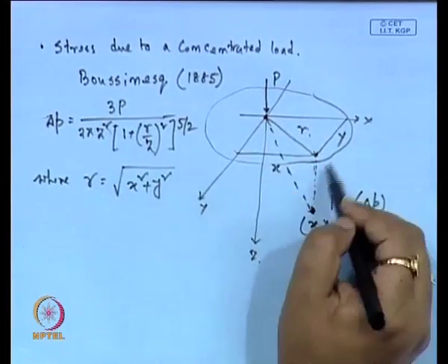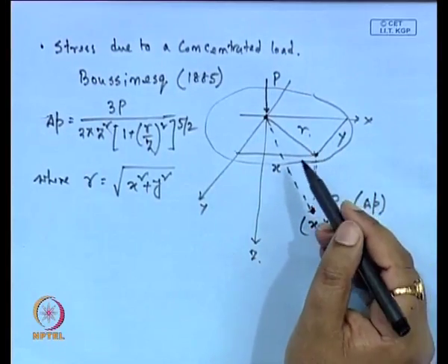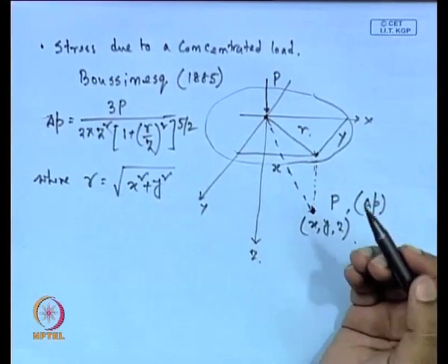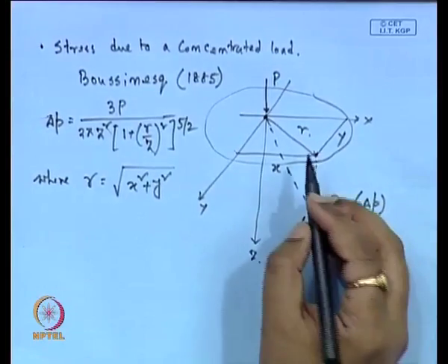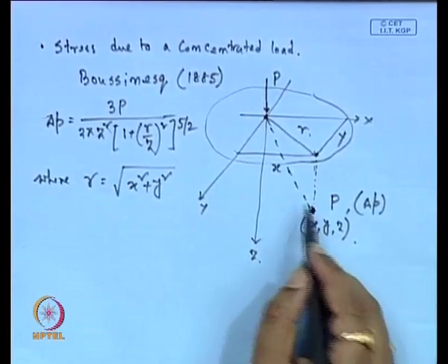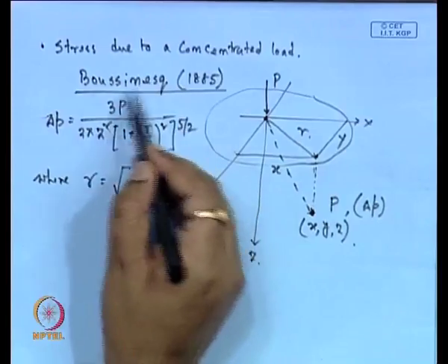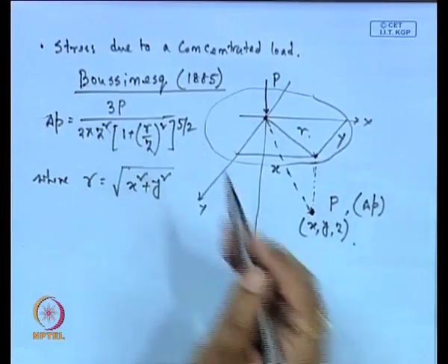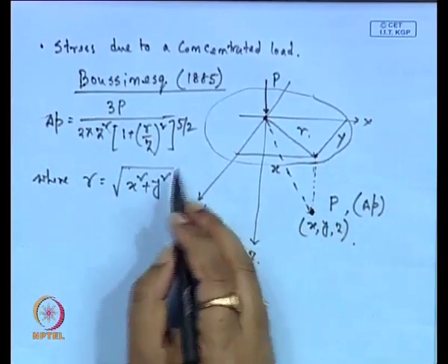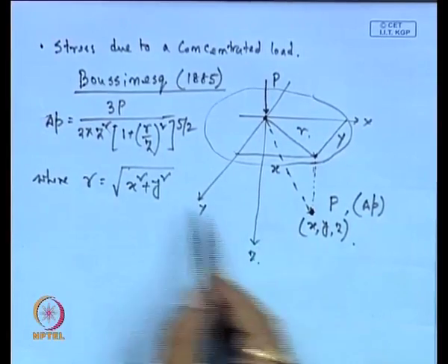Similarly, by using Boussinesq's expression, we can calculate the stress increment for a circular loaded foundation, and then for a rectangular loaded region, at any point below the loaded region. You have already done this in the soil mechanics course: how to calculate the stresses for a circular or rectangular loaded area for the point load.